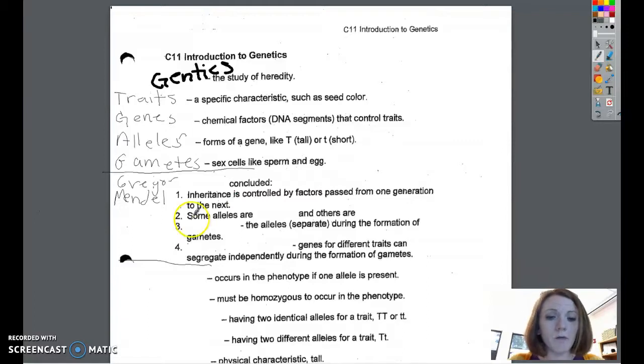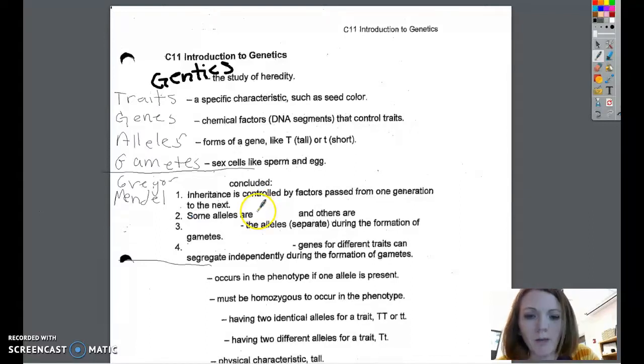The second thing that he concluded through his studies is that some alleles are dominant and some are recessive. So some are capital and some are lowercase. When we talk about dominant and recessive alleles, we're going to talk about them as capital and lowercase.